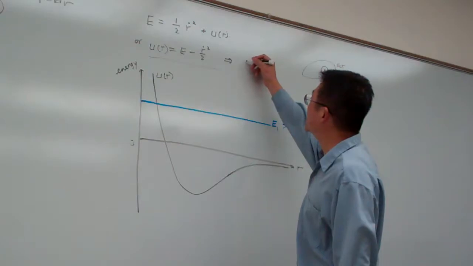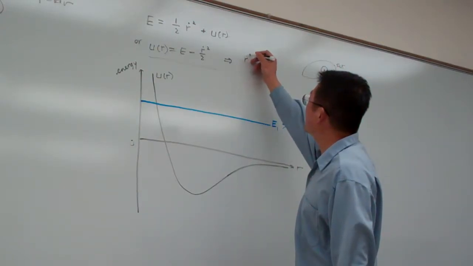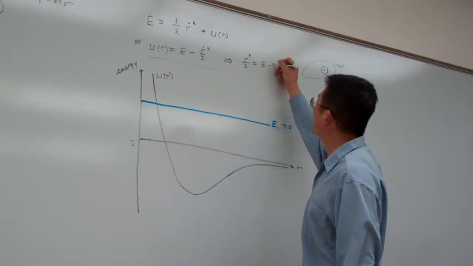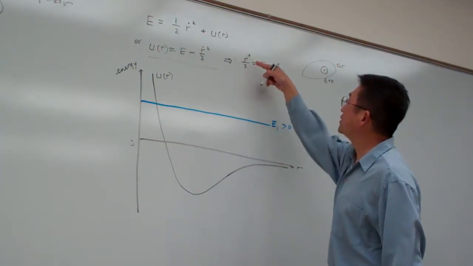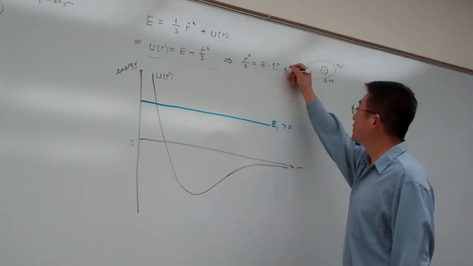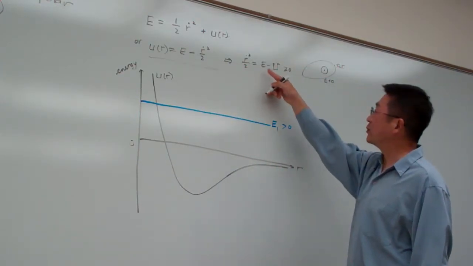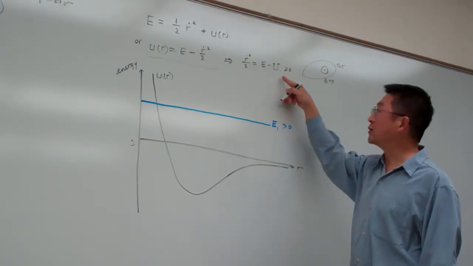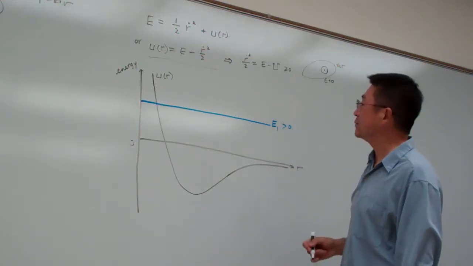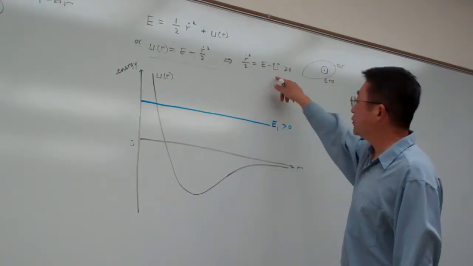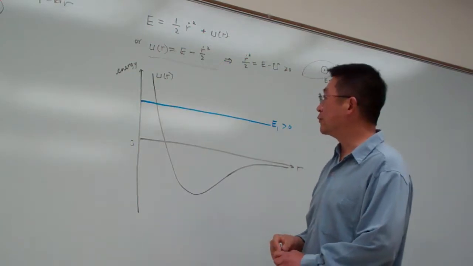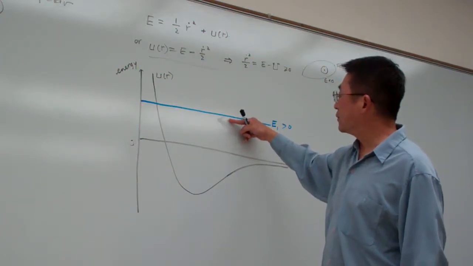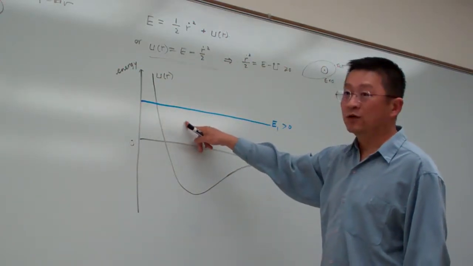So this one we can see r dot squared equals E minus U, because this term is always positive or 0. That means the relation between E and U must satisfy this equation. So the difference between E and U must be positive, or 0.